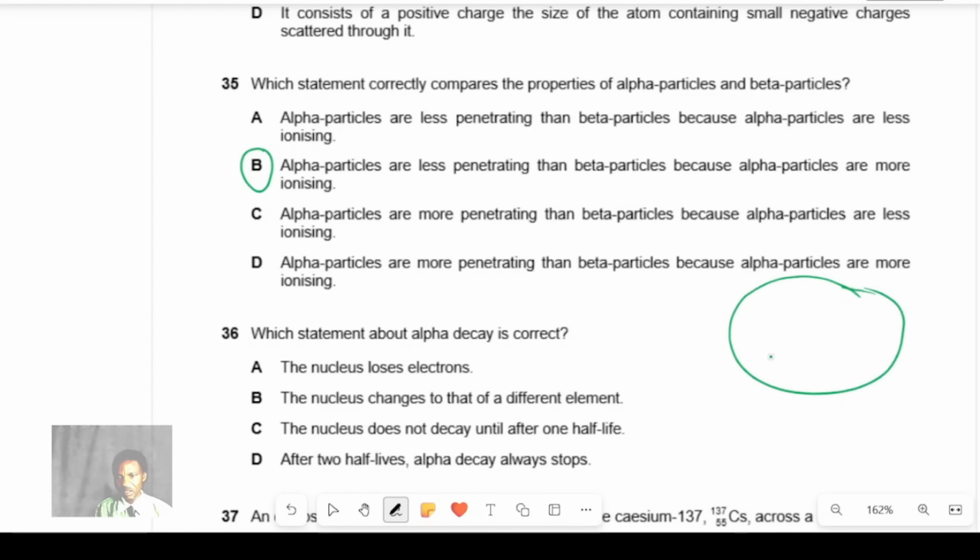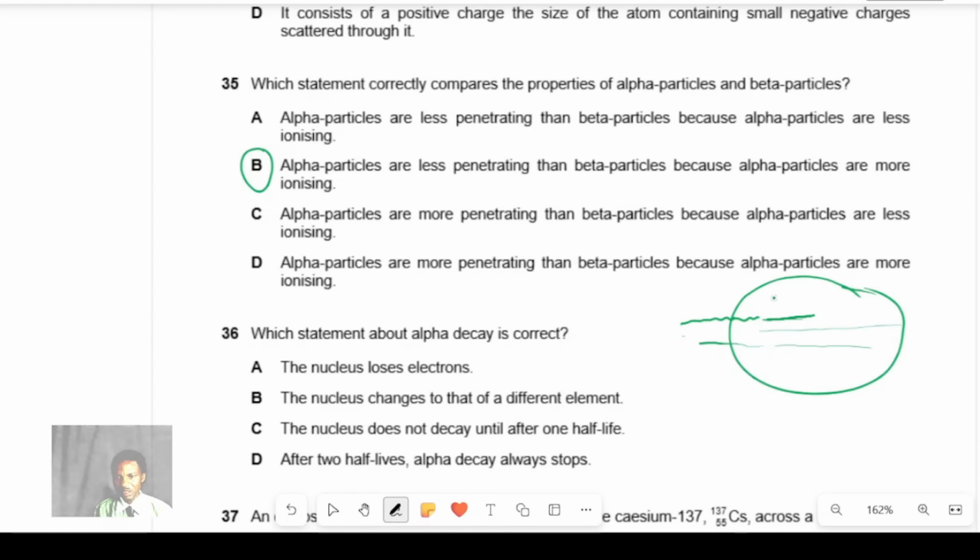So if you have the cloud, and then you release this, the alpha particle moves slightly, ionizing, while the beta can move further. Then if it is gamma, it just passes through.